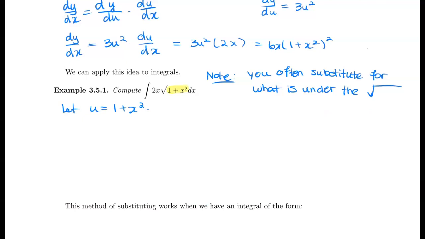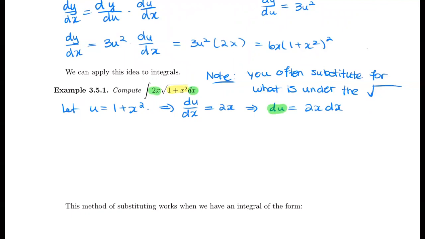And then, by differentiating both sides, we would have du dx, which is 2x. Or we could also rewrite this as du, which is 2x dx. But guess what? We also have a 2x dx in our integral. So that entire thing would just become the du.